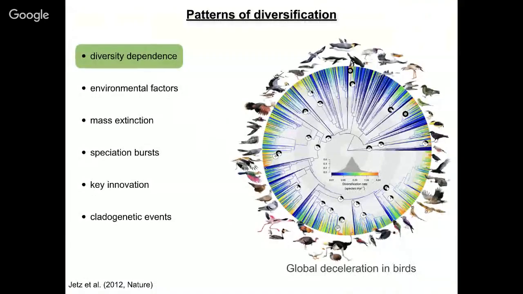The motivation for this research is that we are basically interested in patterns of diversification on a macroevolutionary scale. And one type of question that we are interested in asking is, are diversification rates changing on a global scale for our study group because of diversity dependence or other ecological driving factors?